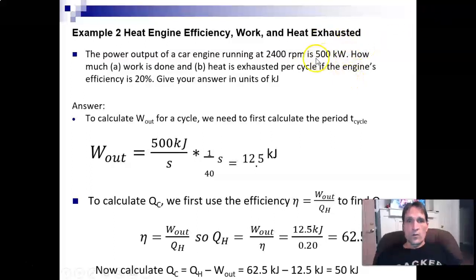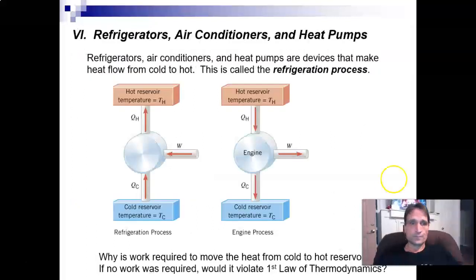We don't know the heat Q_H per se, but we know the engine is 20% efficient. So if we know the amount of work, we can calculate Q, the input heat. And if we know the input heat and the work out, the difference is given off as exhaust heat. So you should work this problem out on your own. Solution is given here, and we can cover this on Monday if you have any questions.